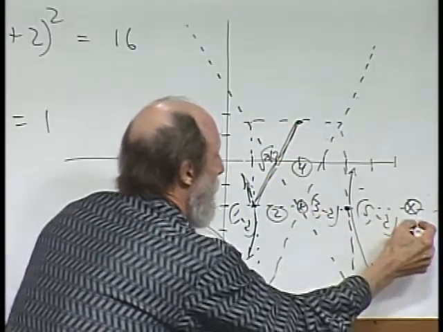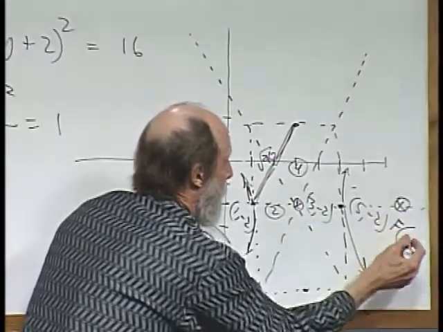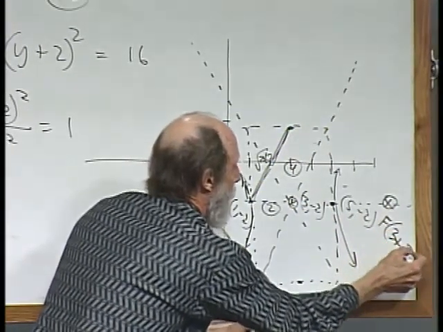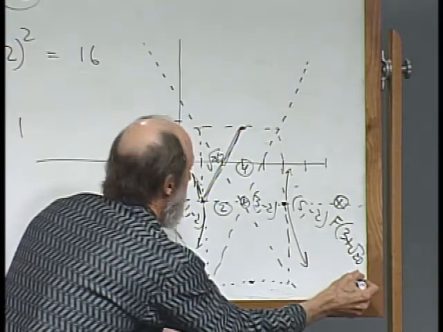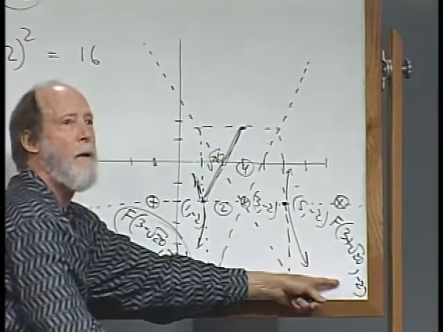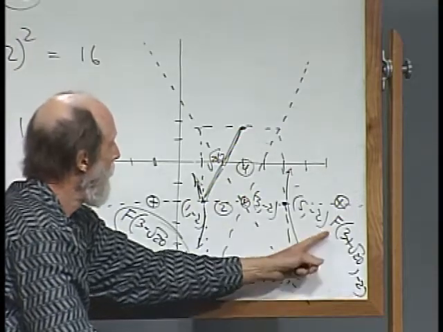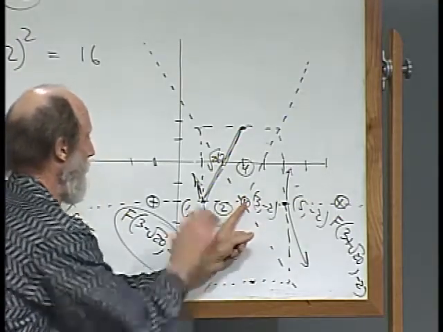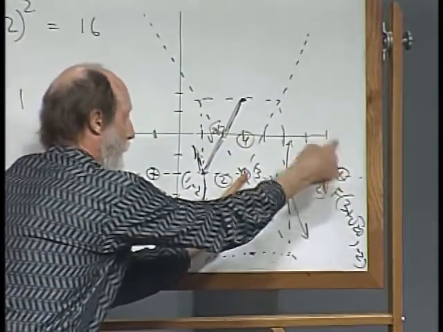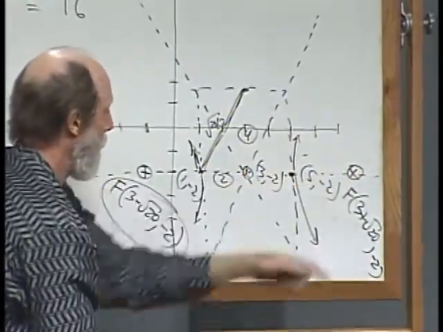Sorry for being cluttered here. That's 3 plus the square root of 20, comma, -2. I hope you can read that. Very messy. 3 here's 3 to the right, plus the square root of 20 gets us out there, and then we're down -2. So that's the other focus location.